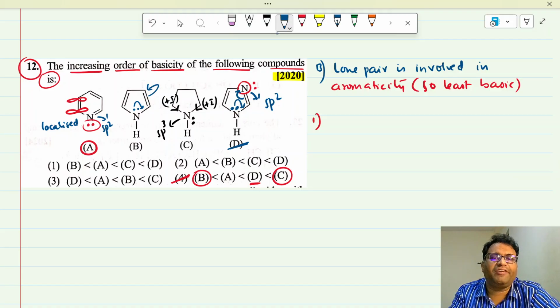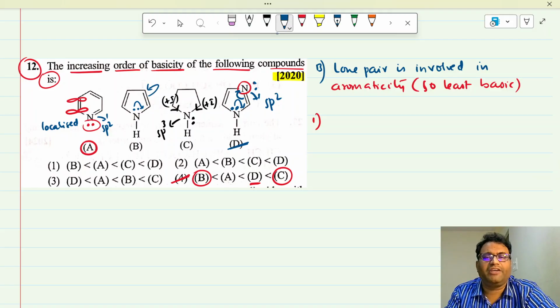Though it is involved in resonance, this lone pair contributes some to the basic strength. There are 2 nitrogens. The pair of electrons on one nitrogen does not get involved in resonance, but another lone pair is involved in resonance. But that lone pair also contributes something to the basic strength.